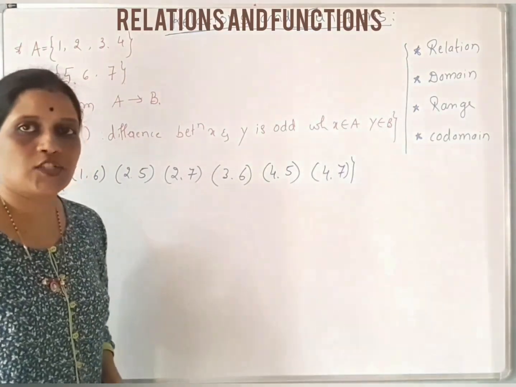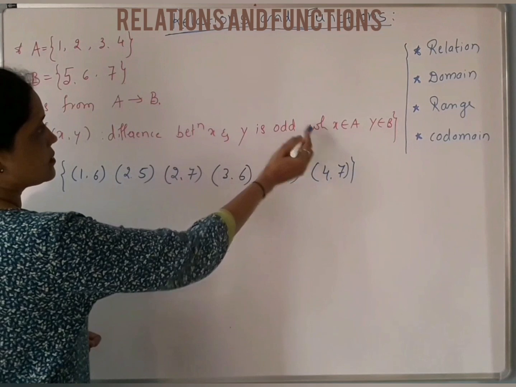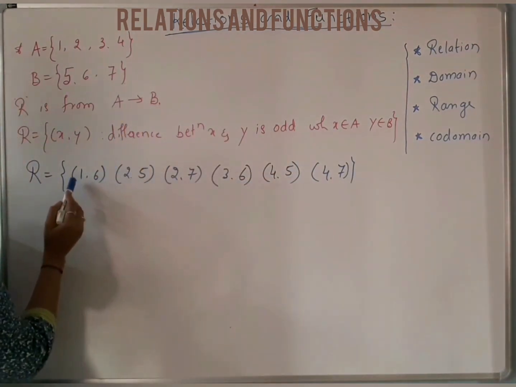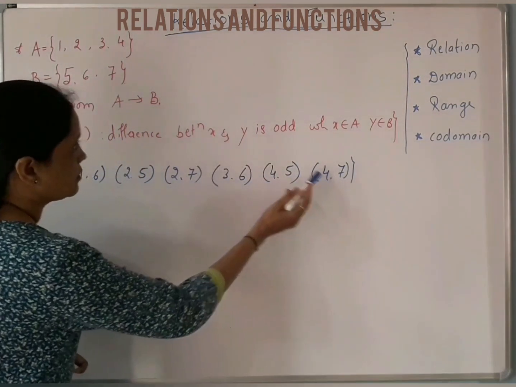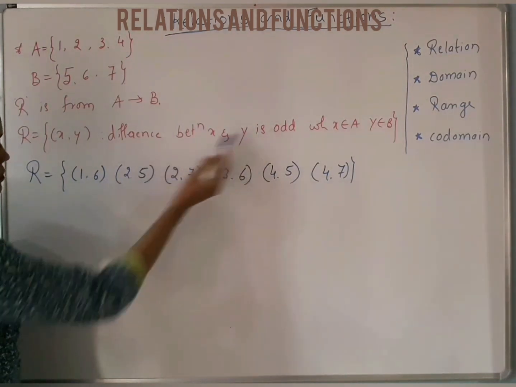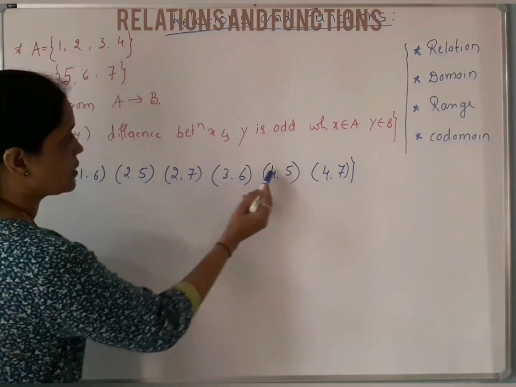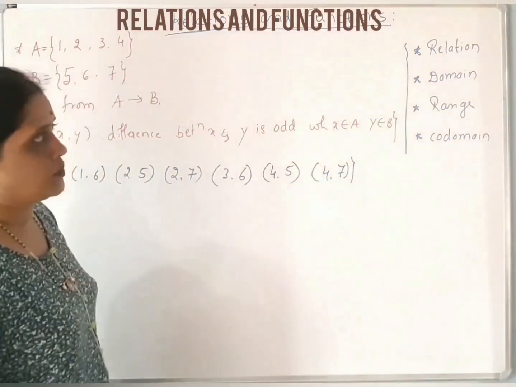So this is the relation R such that the difference between x and y is odd. I have written here all the possible ordered pairs in which the difference is odd: (1,6), (2,5), (2,7), (3,6), (4,5), (4,7).